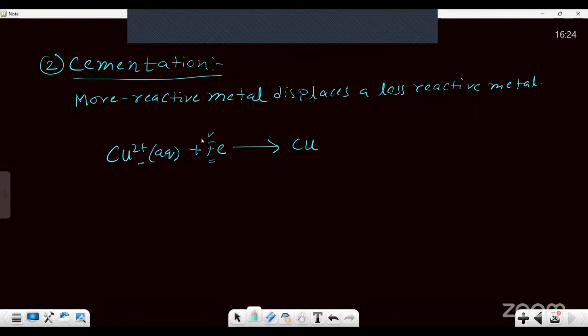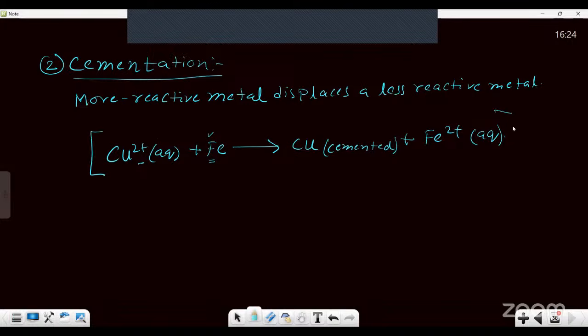Iron is more reactive, so iron is going to displace the copper from the solution. Copper is going to get cemented, and you will get Fe2+ aqueous.